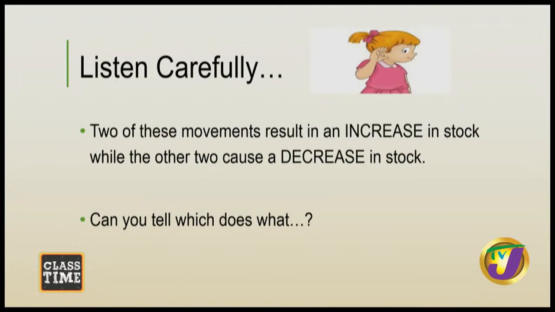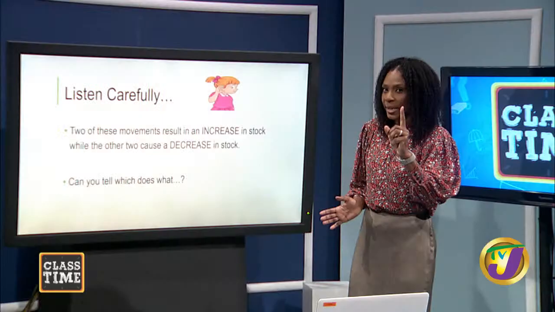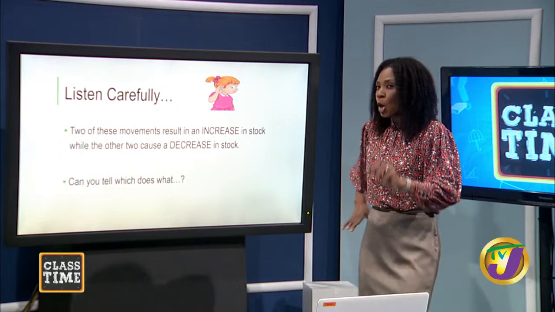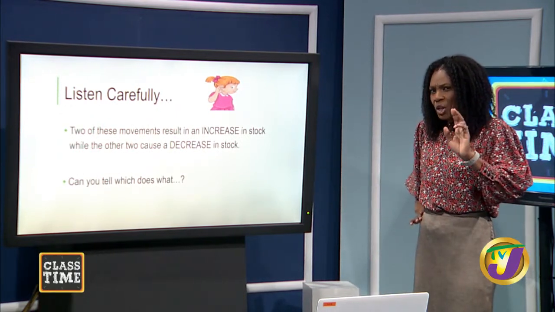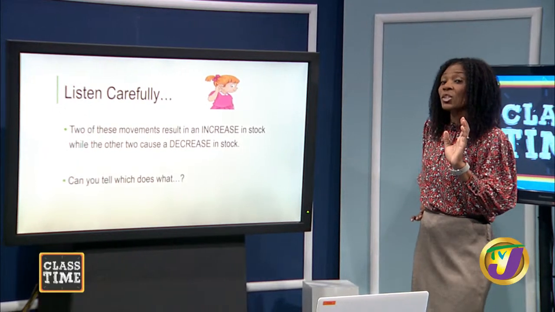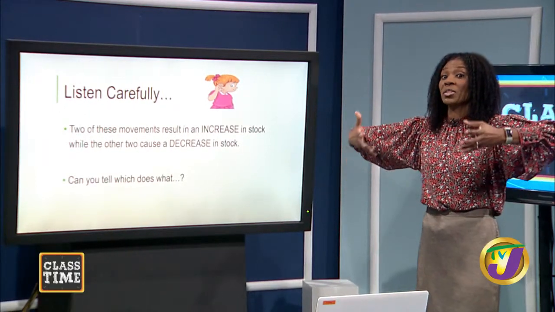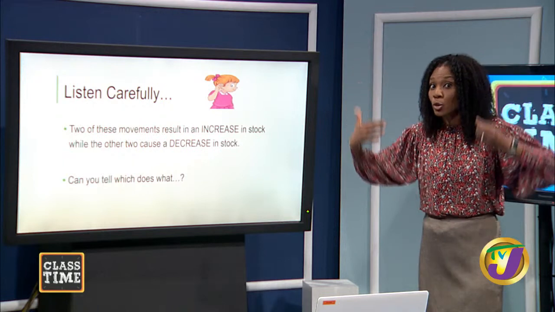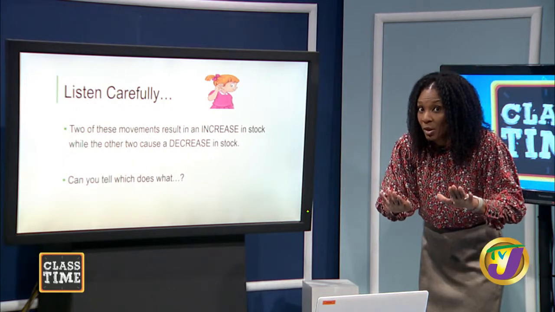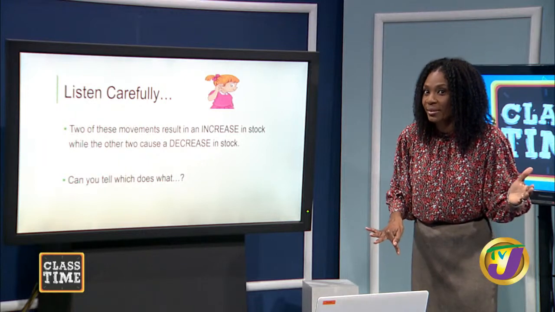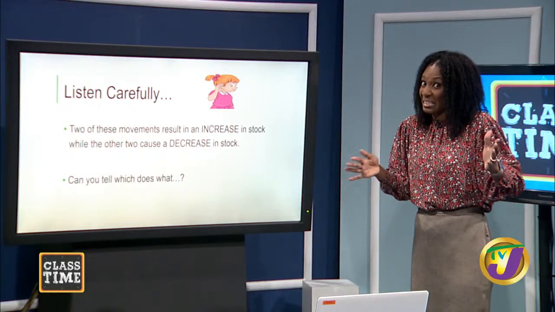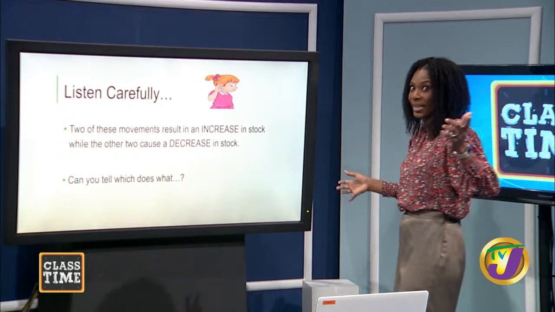Now, listen carefully before we look at each of these accounts individually. 2 of these that we just mentioned actually cause the volume of our stock to increase, while 2 cause the volume of our stock to decrease. Can you guess which one does what? Think.